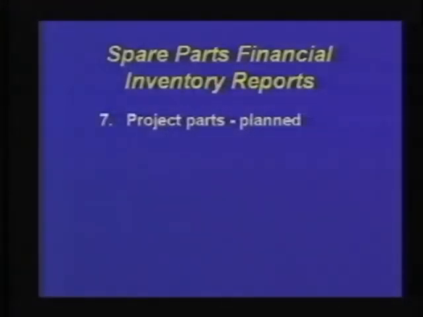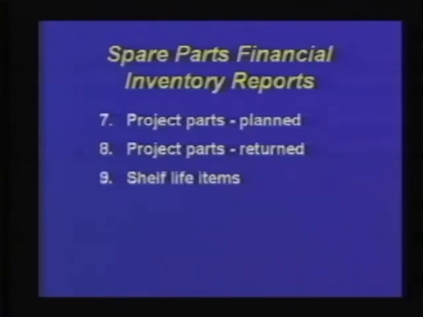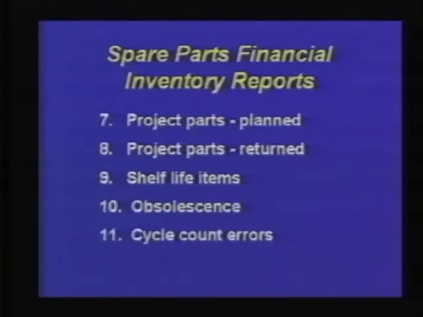We would also be able to track the bench stock inventory program, and then we would have the projected parts requirements for both planned and unplanned items and the return of those parts. Item 9 would represent the shelf life items, and 10 is the obsolescence cost. 11 would be the cost of the cycle count errors and their particular adjustments.